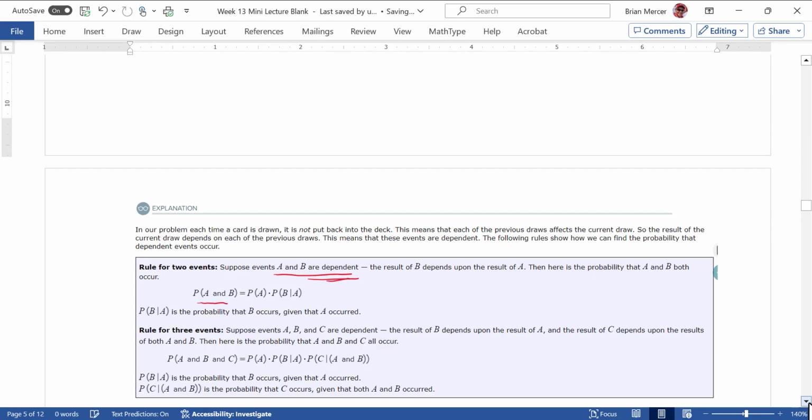If they're independent, you just multiply the 2 probabilities together. But since it's dependent, it's the probability of A, multiplied by the probability of B given A. In other words, the probability that B occurs given that A already occurred. So you have to take that into account.